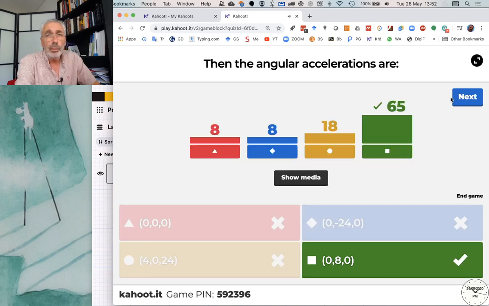Okay, very good. The majority has the correct answer. Wasn't that hard. For those who have the wrong answer, just look at the problem again and redo the calculation.